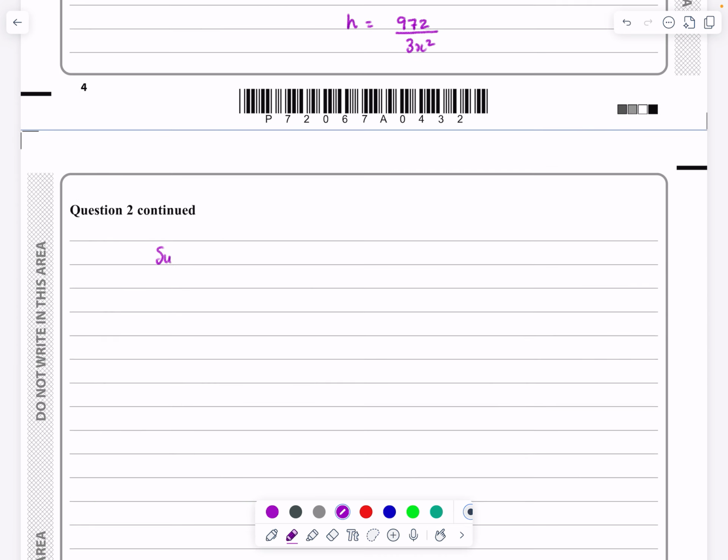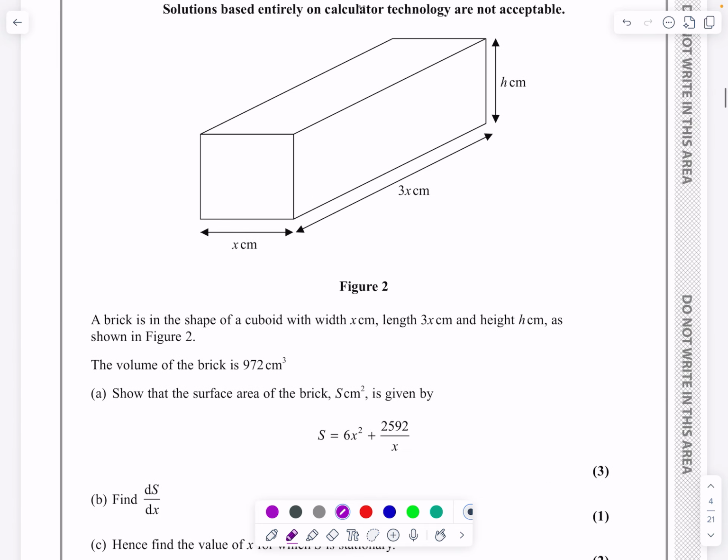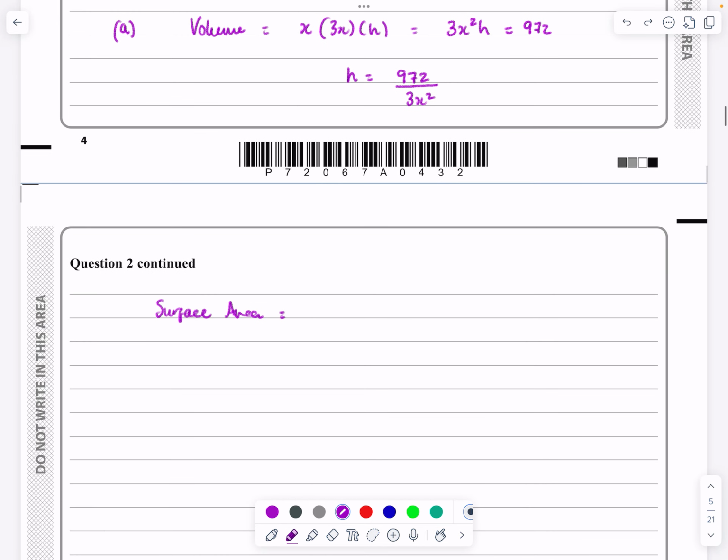But let's work out what the surface area is going to be. As we said, the surface area is 2 of those, 2 of those, and 2 at the top there. I'll do it really slowly: surface area is going to be x times h, 2 of them, 3x squared, 2 of them, and 3xh, 2 of them.